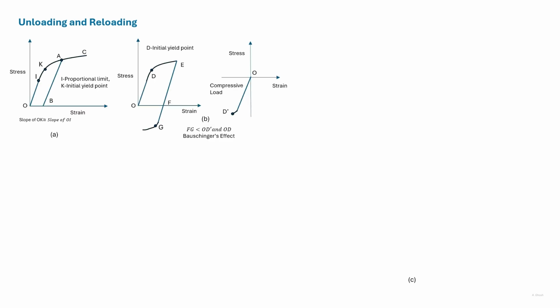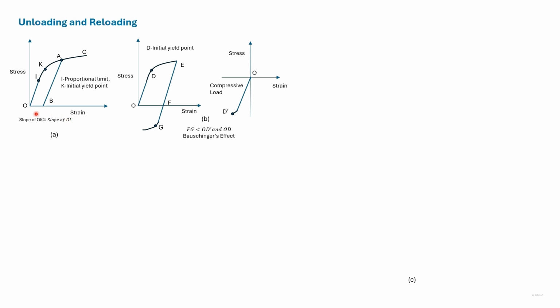Earlier we dealt with stress-strain curves related to loading only. Here we deal with stress-strain curves related to unloading and reloading. Consider an element subjected to uniaxial loads that keep on increasing.